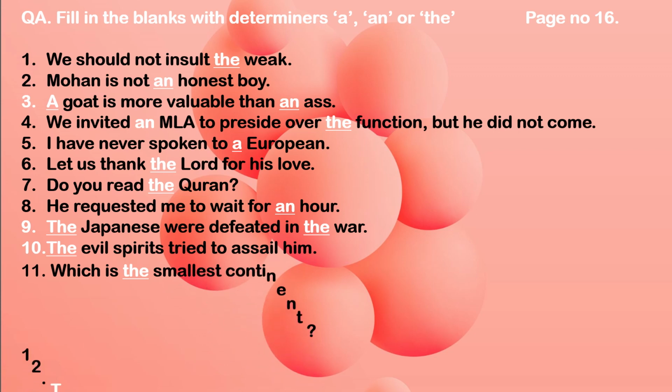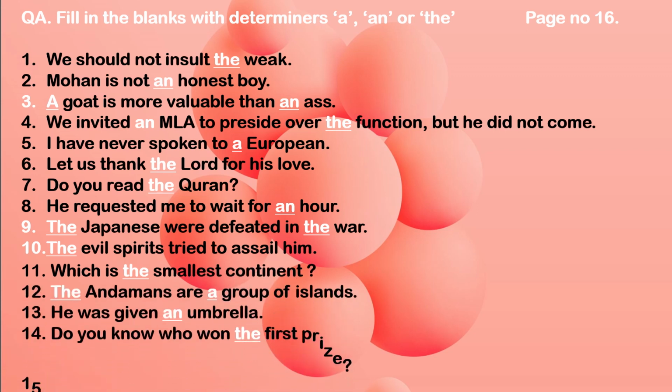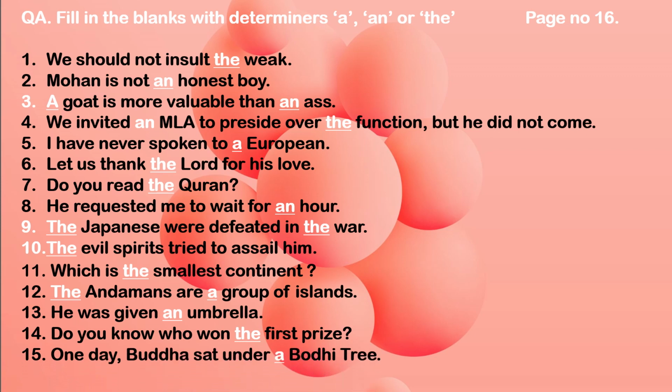Children, here is the exercise in your worksheet on page number 16. Kindly copy down this white colour underlined text. They are the answers. So kindly try to copy this down in your workbook.